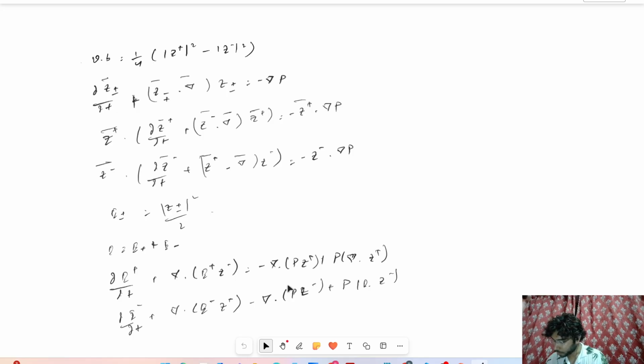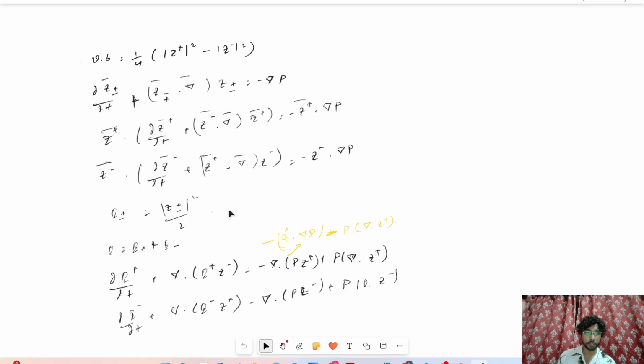So this is del P Z bar dot del P plus P del dot Z plus, right? And since this is minus, both minuses will cancel, and we'll have this term. So this checks out.